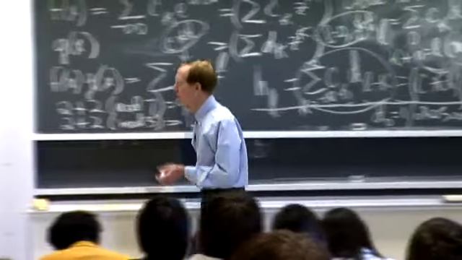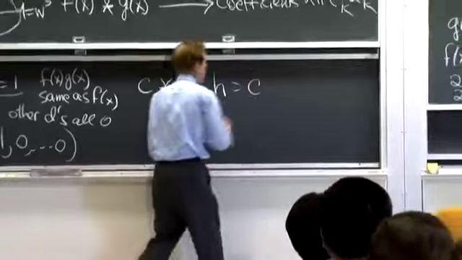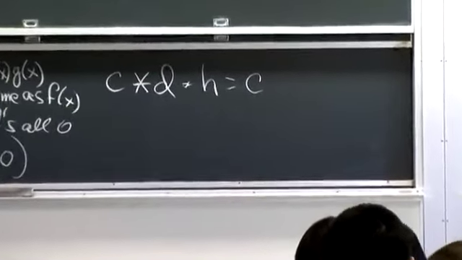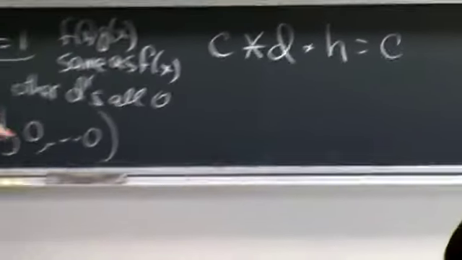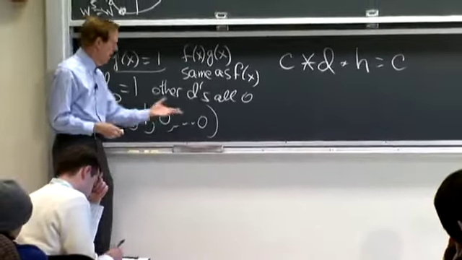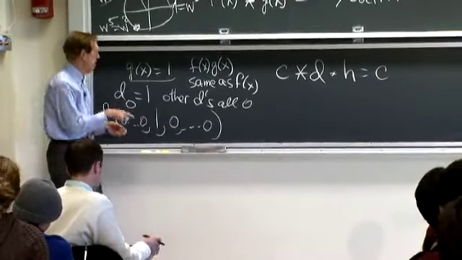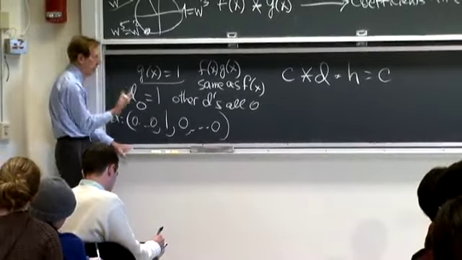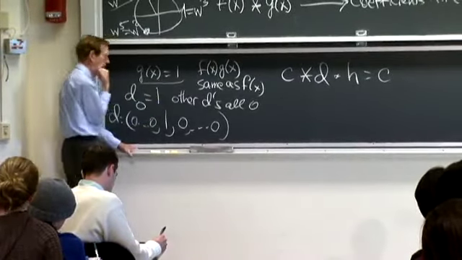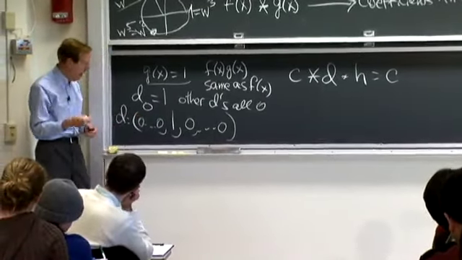So that's all I'm concluding, that this H is the same as C. I'm sorry, it's so dumb. My point is that in convolution, this is the thing that acts like 1. Because in multiplication, that's the function that acts like 1. In fact, that's the function that is 1.